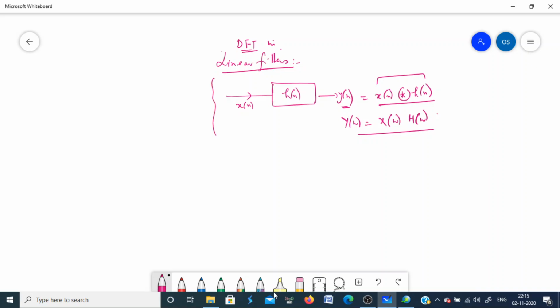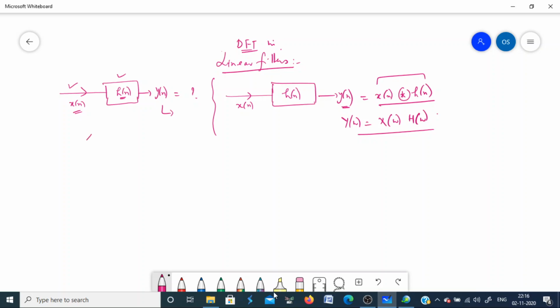Okay, I have a sequence xn, I am passing it through a system with impulse response hn, and yn is the linear convolution. If somehow I try to manipulate so that yn is not the linear but the circular convolution also of xn and hn, or you can say that the circular convolution of xn and hn becomes equal, in that case whether you multiply the Fourier transforms or their DFT, the output is going to be the same, isn't it?